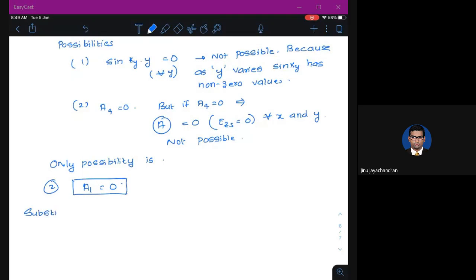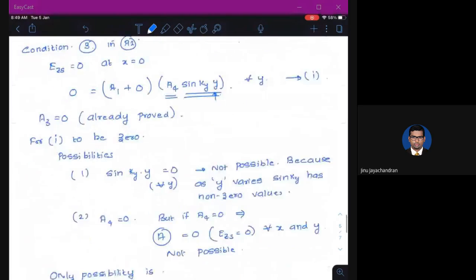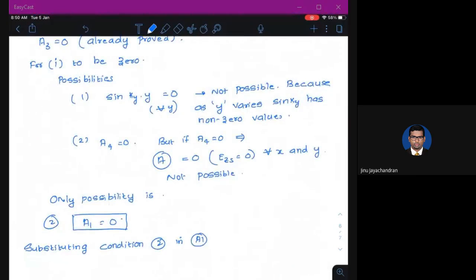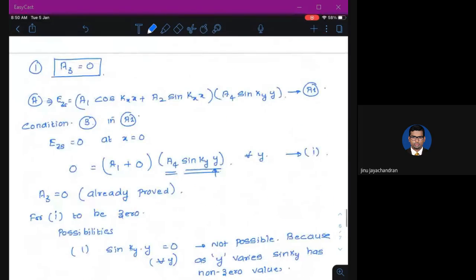So substituting condition 2 in A1 implies EZS is equal to, now see A1 is equal to 0.